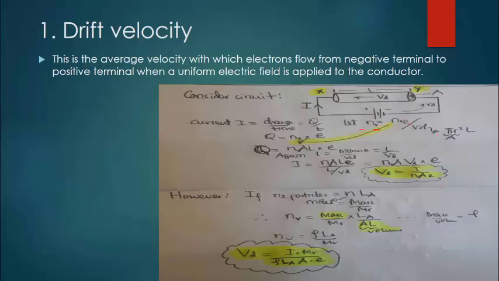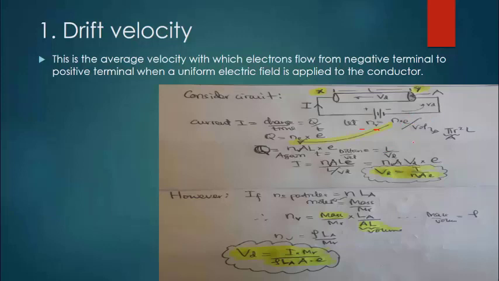Here the volume we are defining as a cylinder section of a conductor, so we have our volume as pi r squared L, where pi r squared is the cross-sectional area A that we have said here. So remember, the number of electrons per unit volume is the number of electrons, Ne, divided by volume.